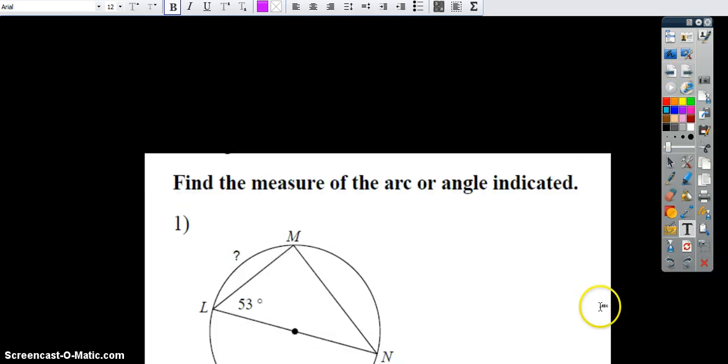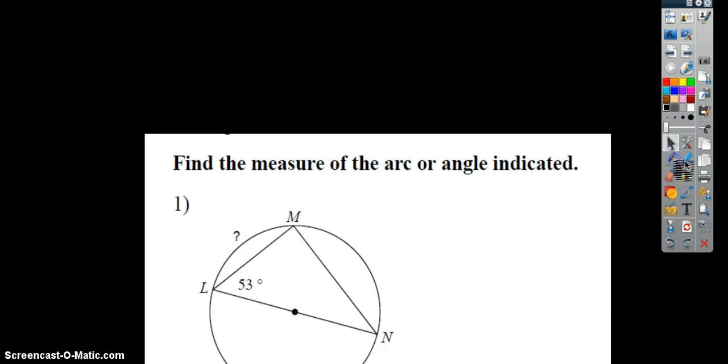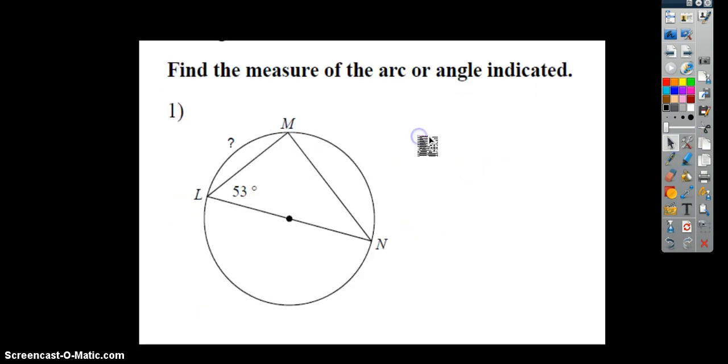Okay, so looking at the assignment, I had some people telling me they felt like this was confusing. Hopefully now that we've gone through this a little bit more specifically, you've got some tools you can use here. For instance, if you're asked for this arc, the first thing I want you to do is figure out what angle intercepts it.